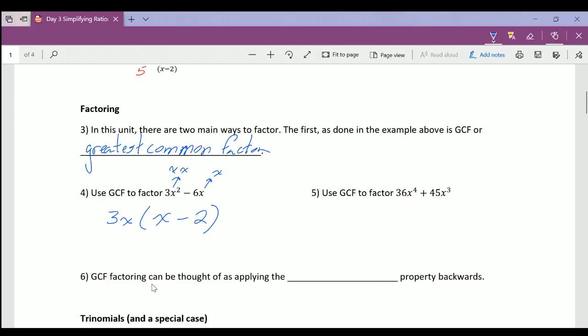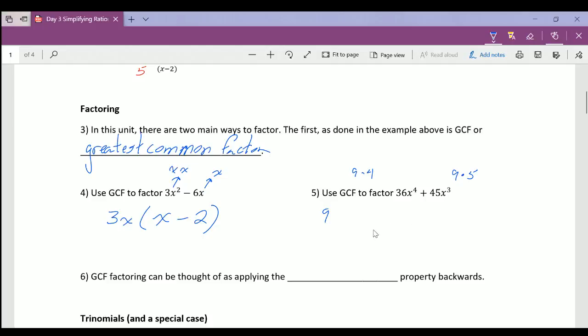Alrighty. So let's take a look at this one here. 36 and 45. Well, I know 36 is going to be 9 times 4. And I know 45, especially since we did that number already, is 9 times 5. So we can definitely pull out a 9. This one has 4 x's.